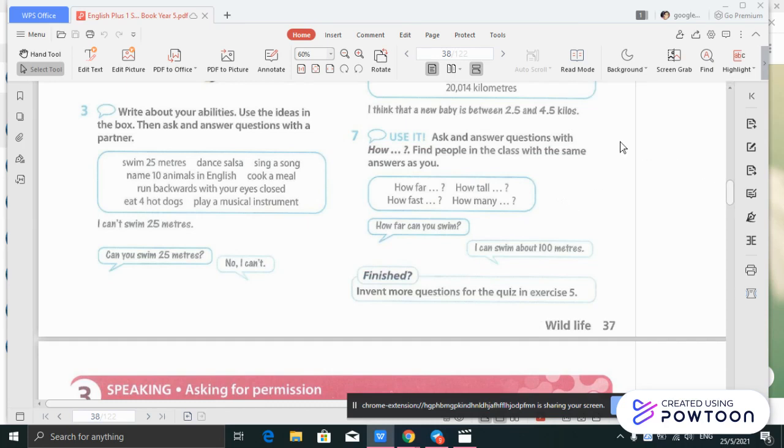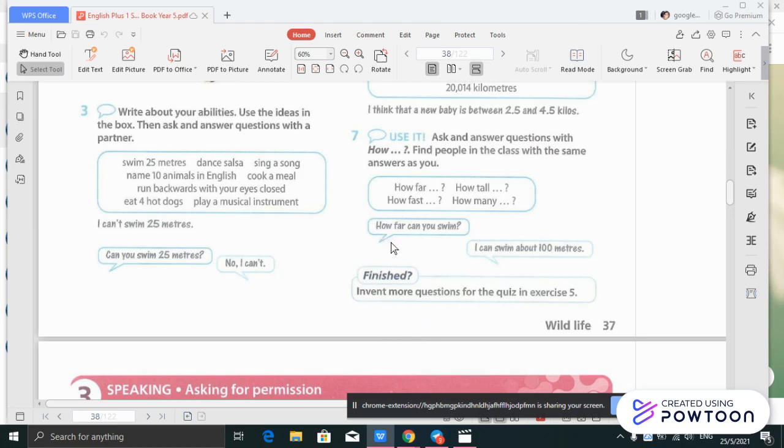Same goes for activity 6. Whichever you have to discuss with a friend, just prepare one or two questions and answers on your own, and write them down in the book. So whenever we have a Google Meet lesson, we will discuss this, and I will ask you, have you completed the work that I gave you? It's not like work, it's just an activity. Remember that.